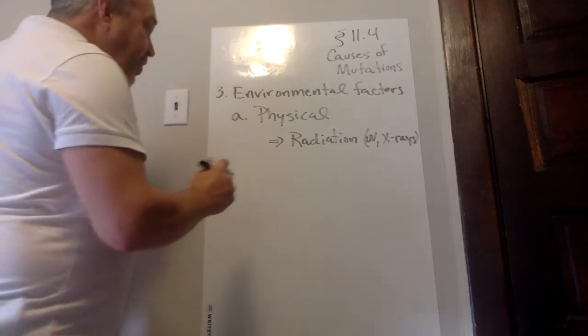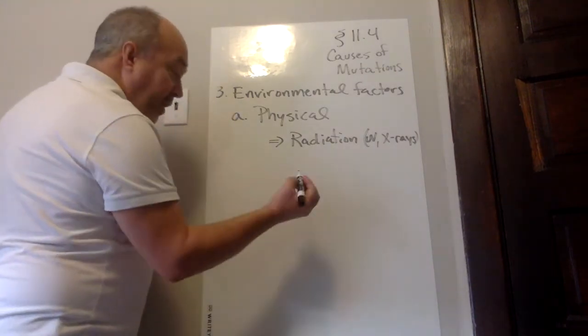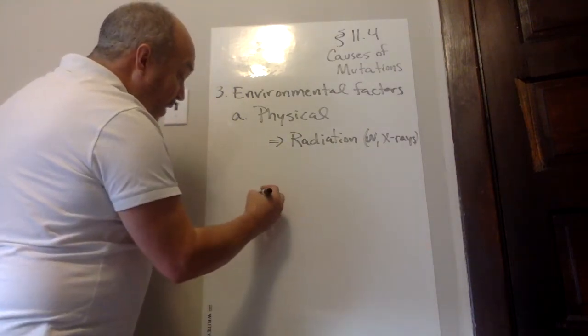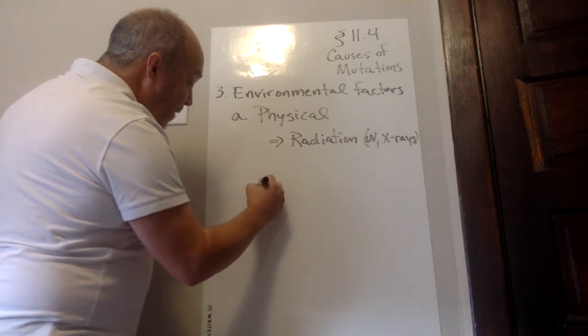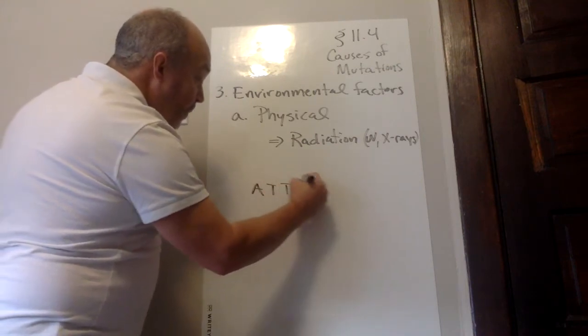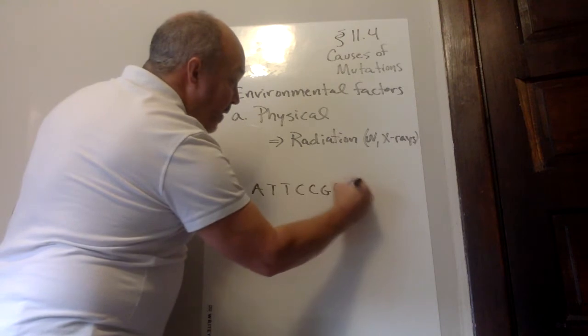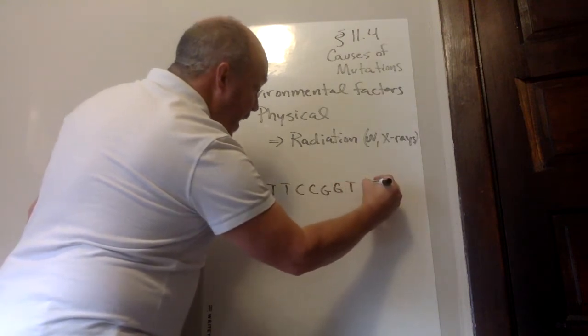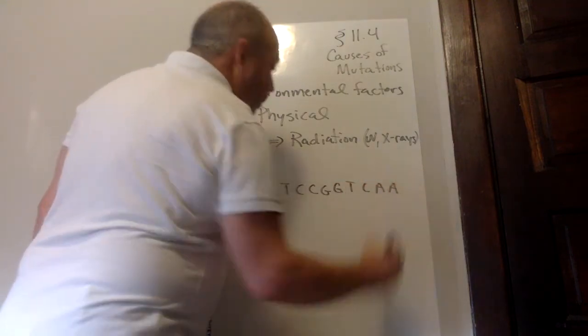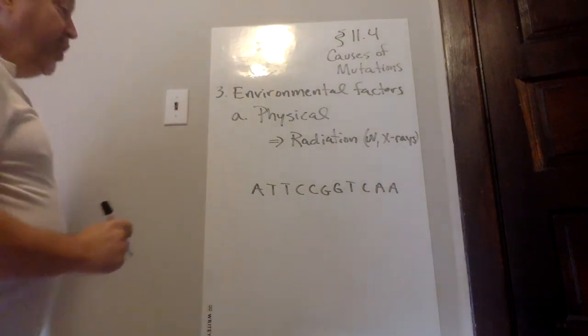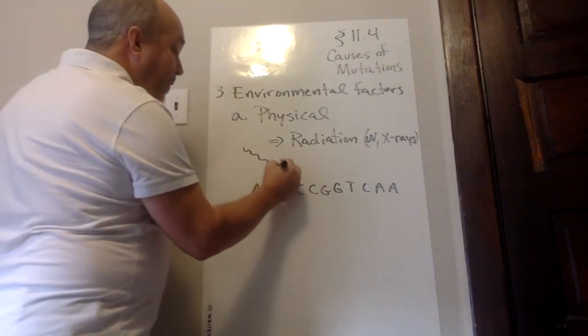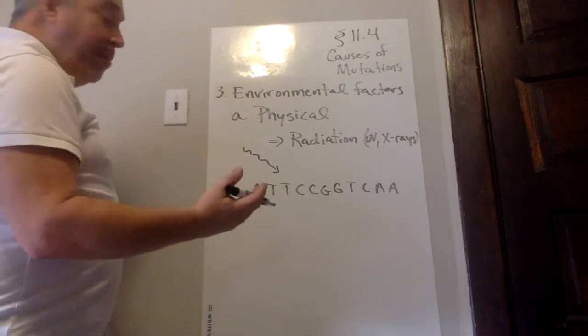Matter of fact, one of the biggest changes that happens with radiation, and this is what happens when you get sunburn, is in the cells in your skin. Let's say this is a chain of DNA. If you get too much UV on a particular place, you can actually get it to break.